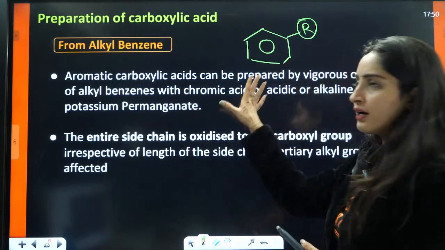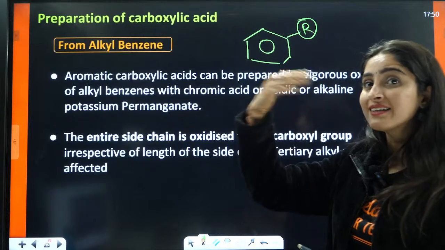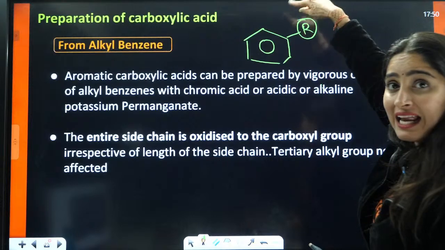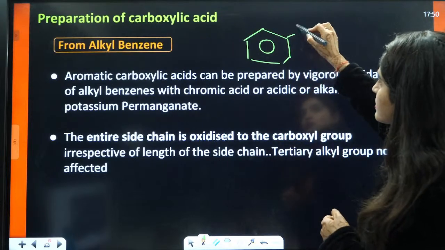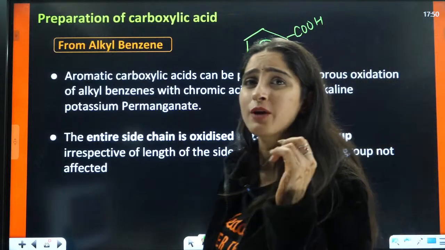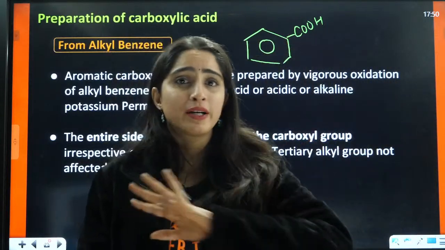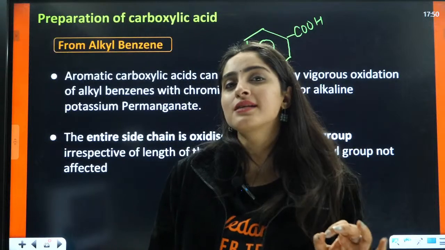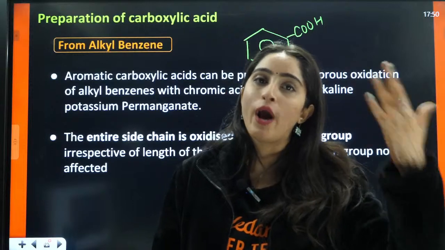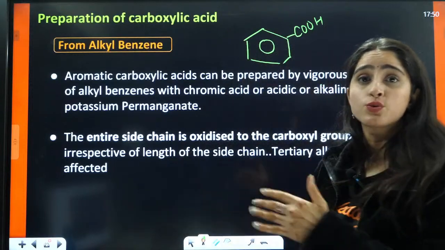Here the reagent that we are going to use is going to convert the full alkyl chain to COOH. It doesn't matter if that alkyl chain has 1 carbon, 2 carbon, 100 carbon, 1000 carbon. It will convert the full alkyl chain to COOH, right? That is why this reaction is very important.